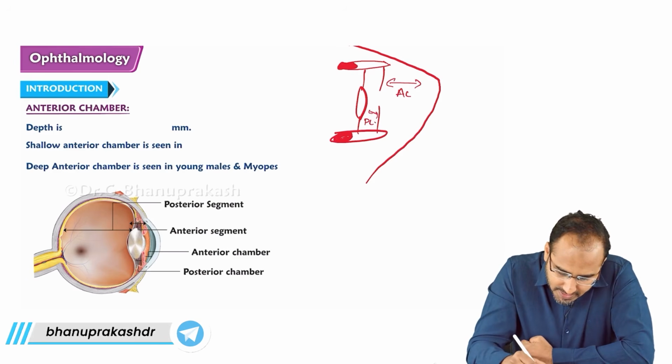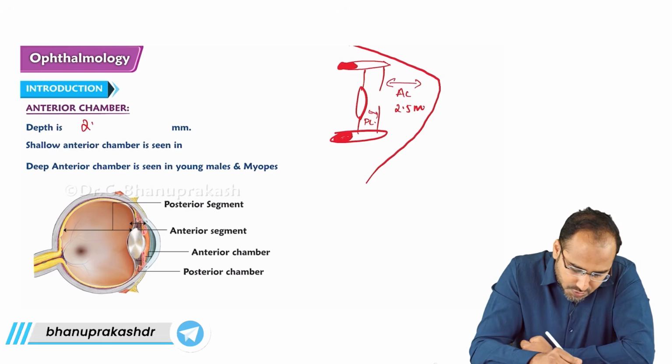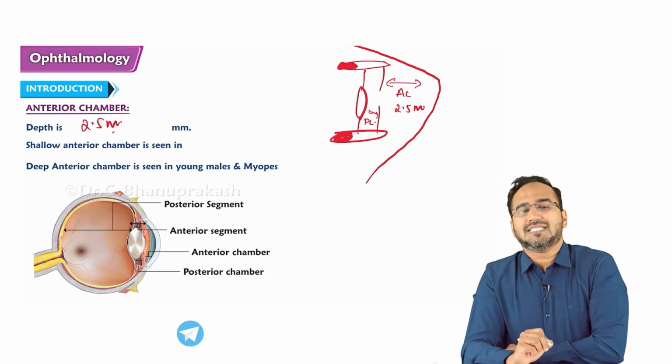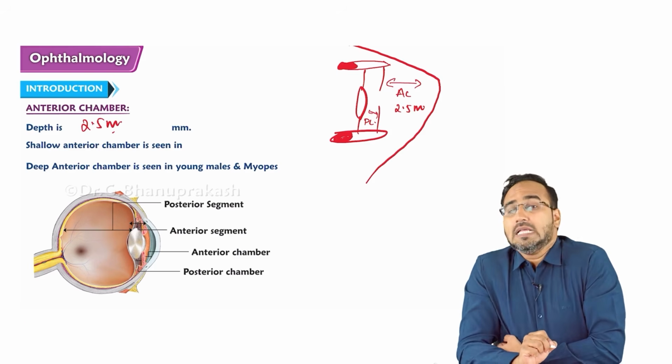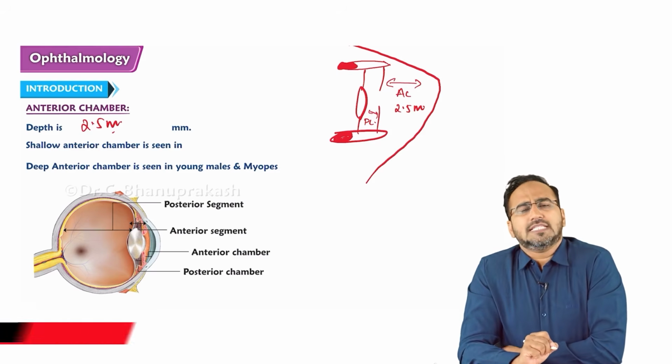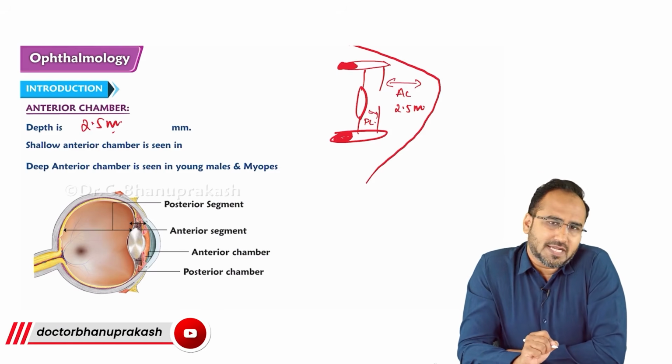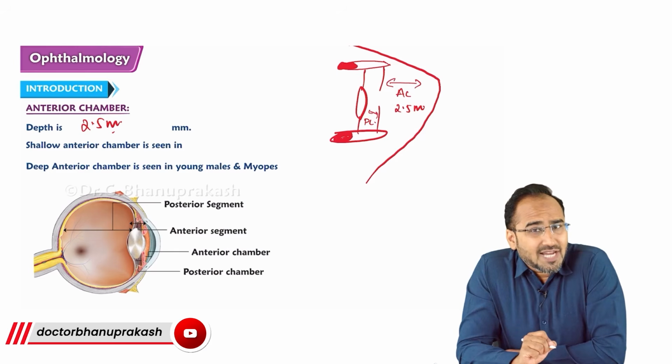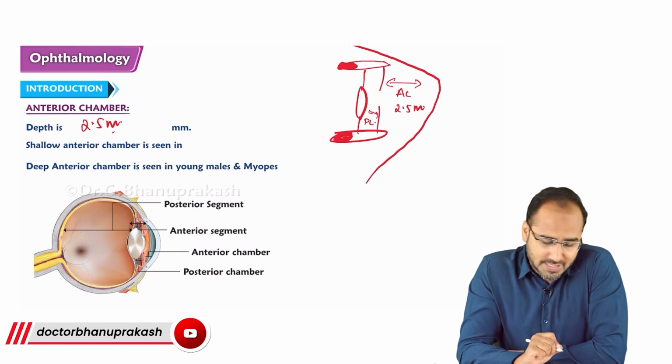What is the depth of the anterior chamber? It is 2.5 mm. But some patients will have a shallow anterior chamber, and some patients will have a deep anterior chamber. You see a shallow anterior chamber in women, elderly, and children.